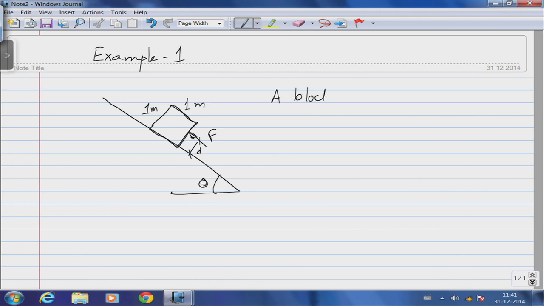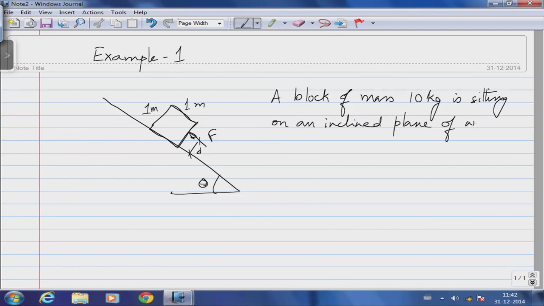So, a block of mass 10 kg is sitting on an inclined plane of angle 30 degrees. So, this angle here is 30 degrees.